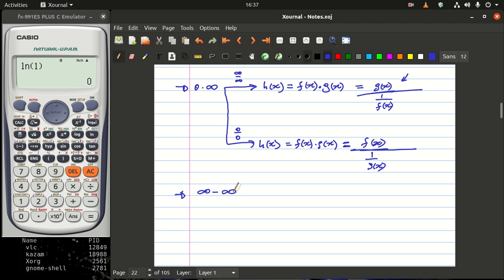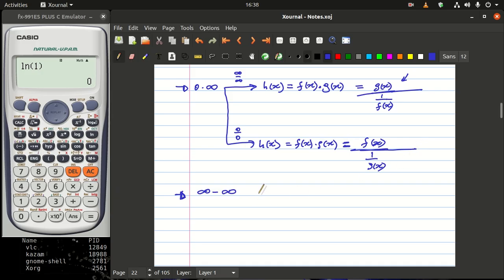So what is important here is very simple. Once you get infinity minus infinity, it's not always going to be very straightforward, because of one thing here.